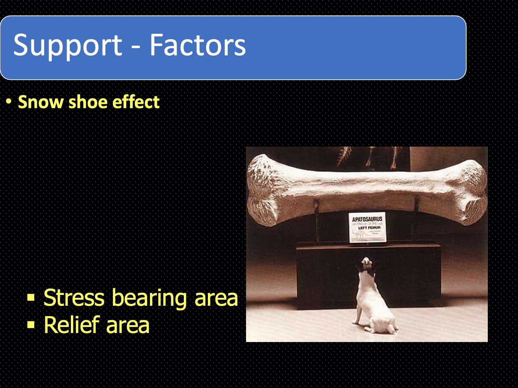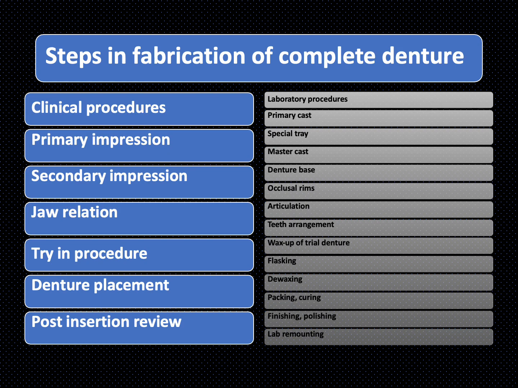This can be further substantiated with the snowshoe effect, which says that the broader the coverage, the better is the support provided by the underlying tissues. So whenever there is more surface area, the amount of support is more, and the denture retention is also more. That is why the maxillary has more support than the mandibular.